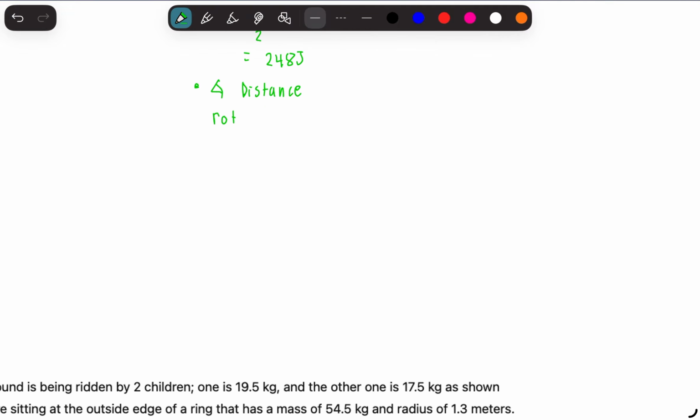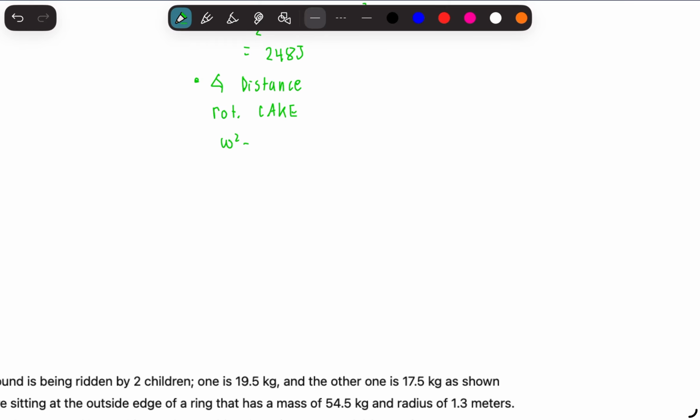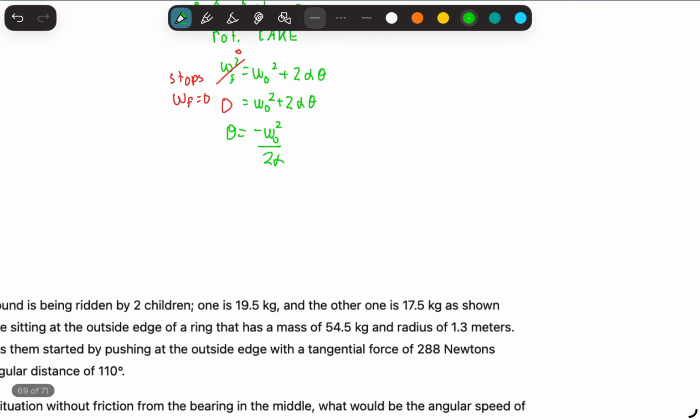So using rotational kinematics, and since we know that it stops, therefore theta, now we have to find what alpha is.